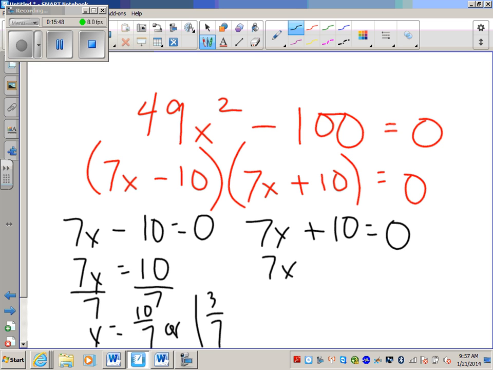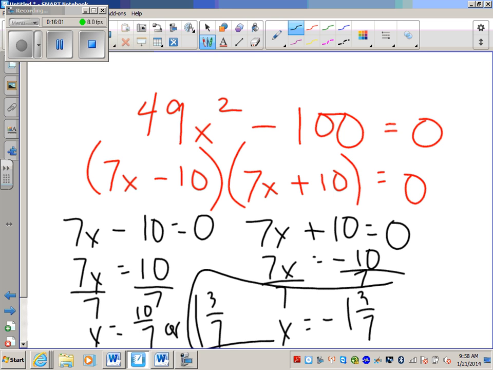Get rid of the positive 10 by doing what? Divide both by 7. X equals. Do you need a decimal? Can you keep it in the fraction form? Yeah, keep it in the fraction. It's so much easier just to keep it in that fraction form.